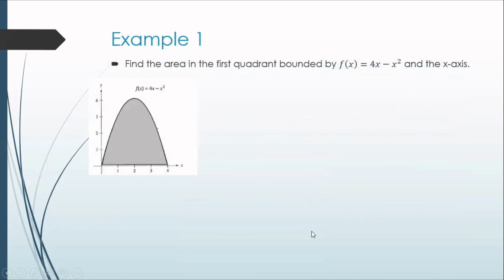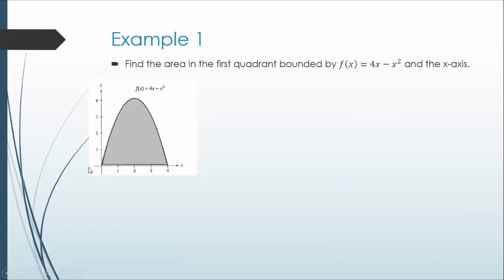Let's try the first example. First example, find the area in the first quadrant bounded by f(x) equal to 4x minus x squared. So it is a quadratic equation and you will get a parabolic graph and the x-axis.